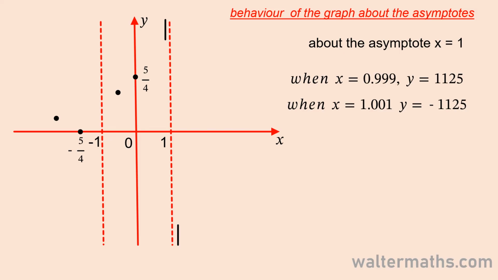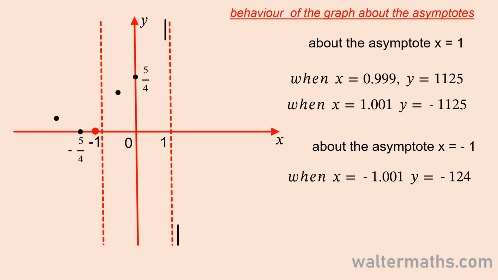I go to the next asymptote, that is x is equal to minus 1, and I'll take a value that is slightly less than minus 1, so I'll take the value minus 1.001. And if I substitute that into the equation, I get y coming out as minus 124, which is a small value, so it should be coming from down here.